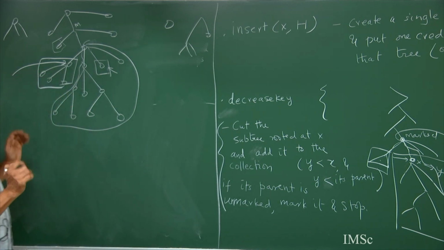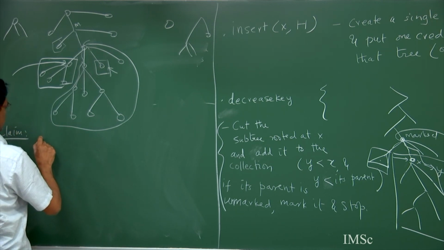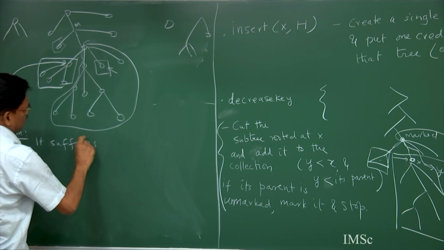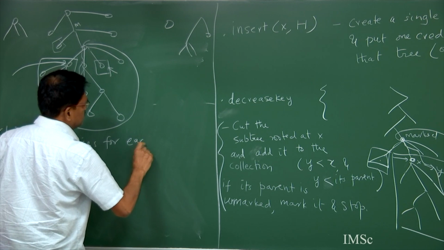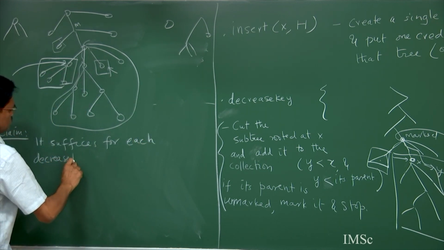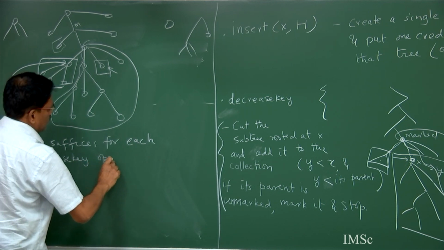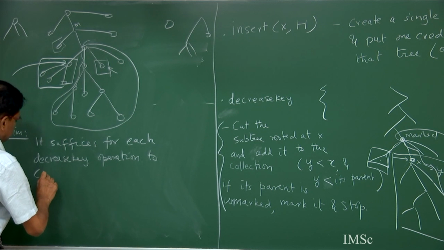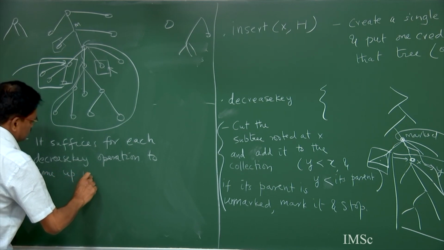So I claim it suffices for each decrease key operation to come with 4 credits.